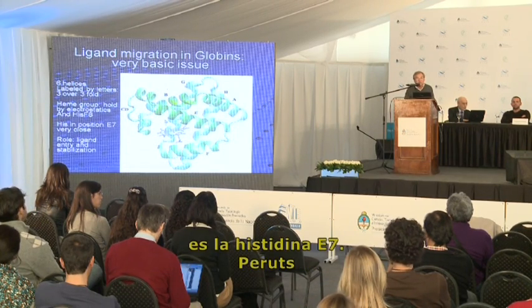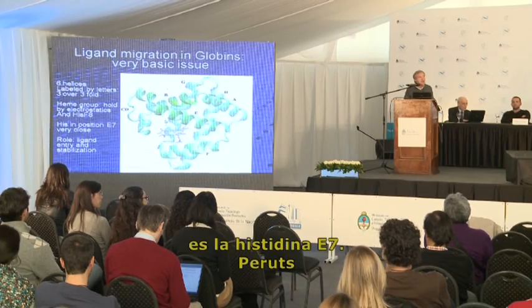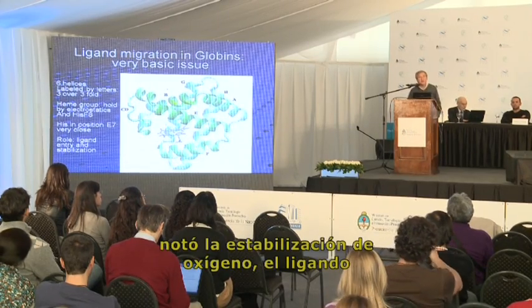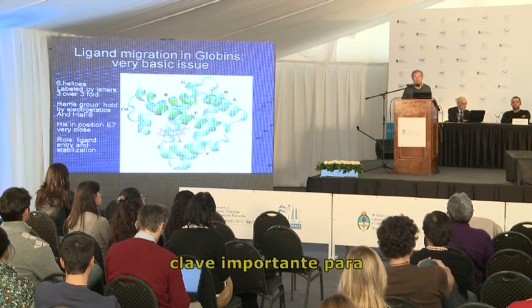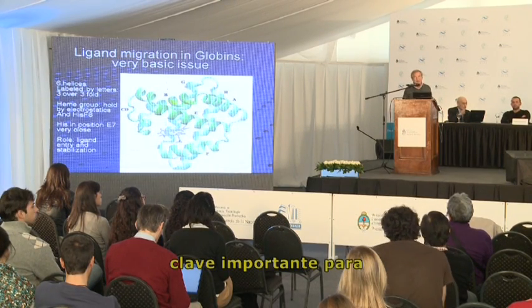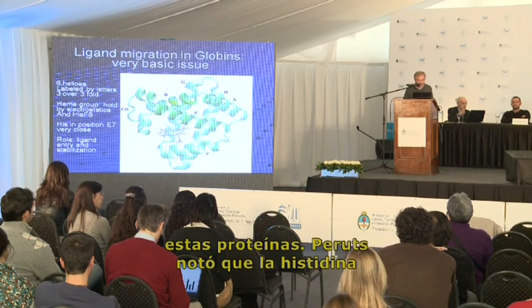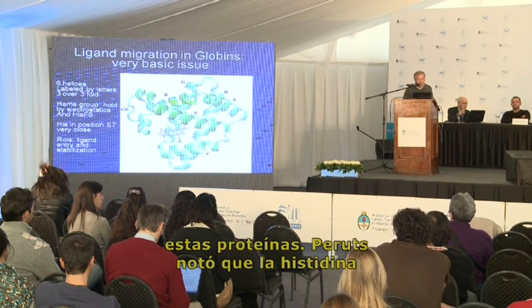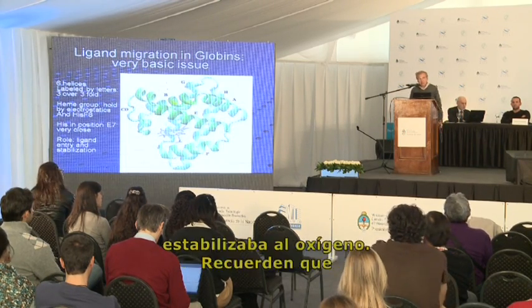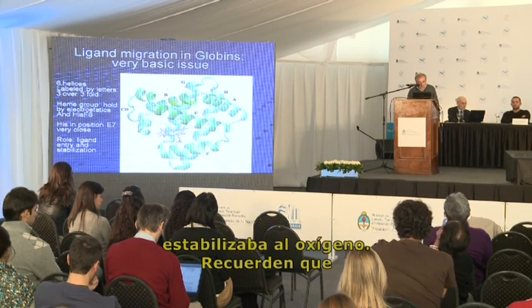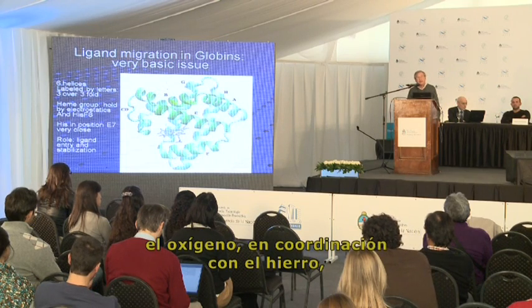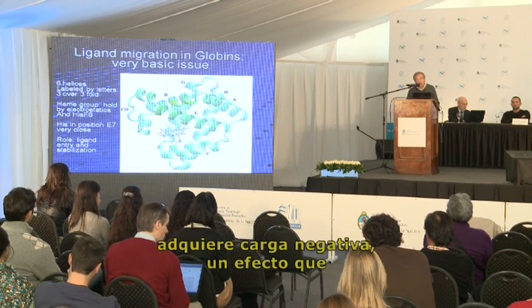and is located here. This is histidine E7, and Perutz saw that it was involved in oxygen stabilization. Oxygen is the real ligand, the important ligand in these proteins. You have to remember that oxygen coordinated to an iron gets a negative charge.